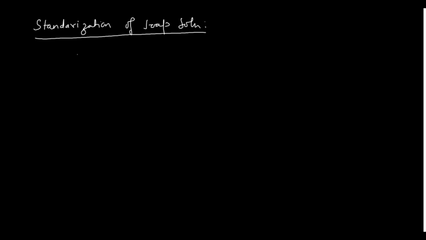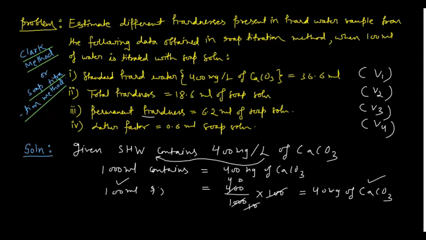You know what is given here, 100 ml of standard hard water. Since I am doing the calculation for 100 ml, I will take the 100 ml of the standard hard water, and this 100 ml of the standard hard water requires soap solution, how much? 36.6 ml. Please check whether it is correct or not.